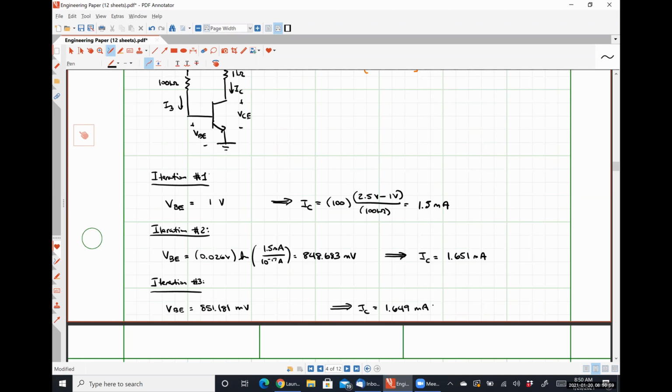So at this point, I feel like I'm probably pretty good because it's settled to within 2 microamps. They're about 2 or 3 microamps, yeah. So I feel like further iterations aren't really going to do a whole heck of a lot.